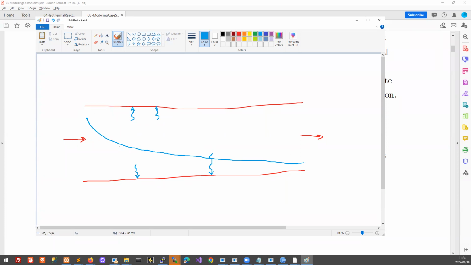In addition to that, we do have that A is trying to diffuse as well, right? So just by virtue of the fact that we've got a different concentration between, let's say, this point and this point, then A will also tend to diffuse in this direction. So A is diffusing in this direction as well. And then in addition to that, A is just flowing through the system.